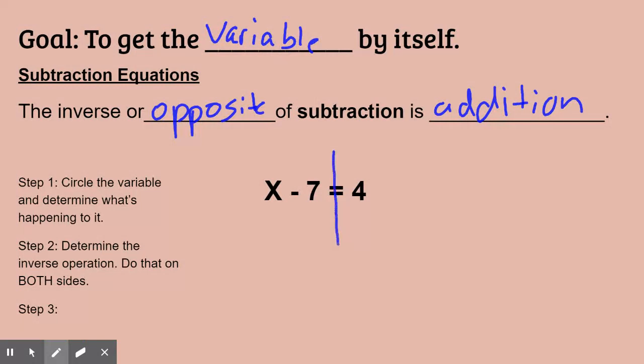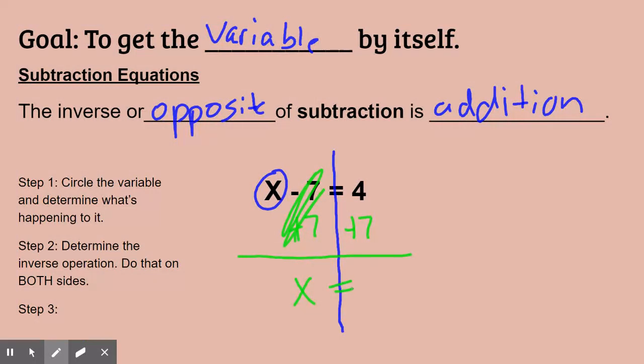I'm still going to draw that line down the middle of the equal sign and look at your variable. I see with my variable, I'm subtracting 7. So in order to solve, I have to do the opposite, which is to add 7 to both sides. The 7's cancel out. I'm left with x equals 4 plus 7 is 11.